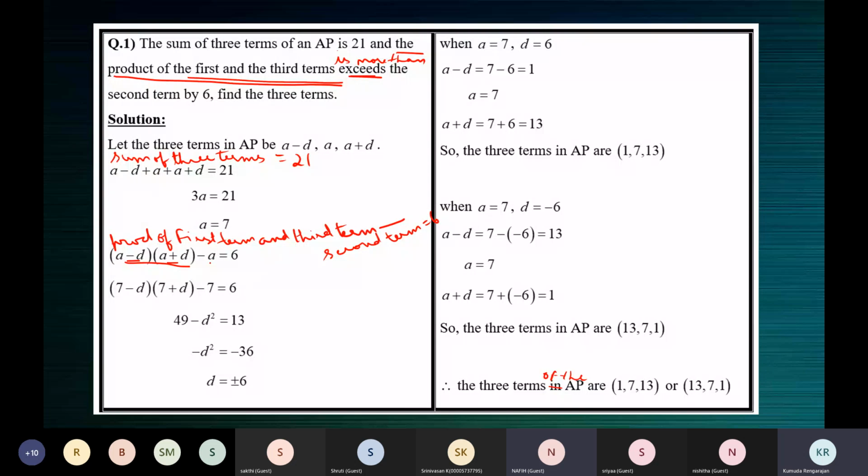That means the difference: this one is more, this one is less. The difference is 6. Not clear?